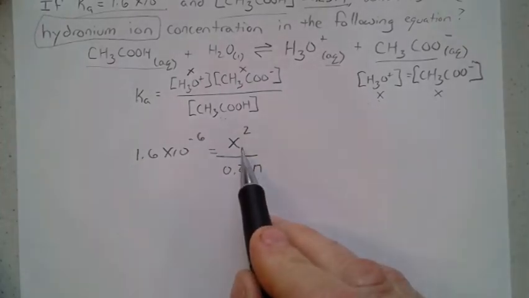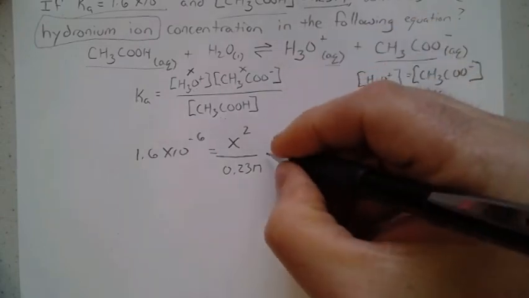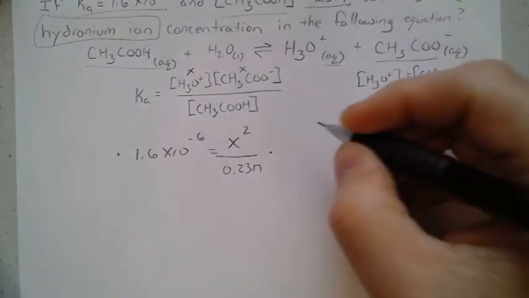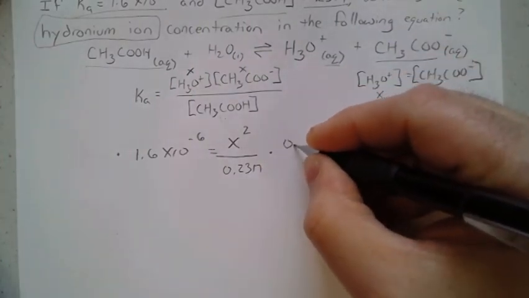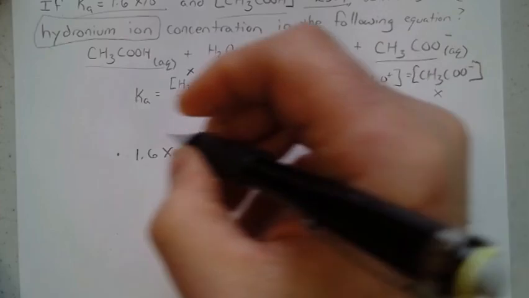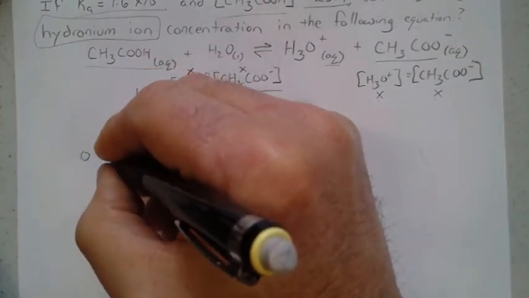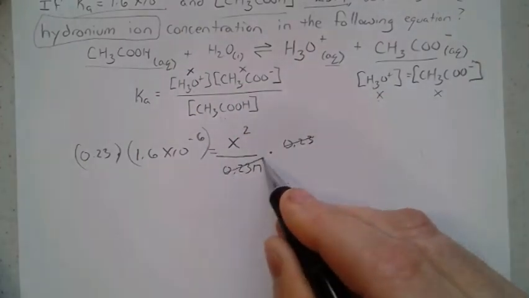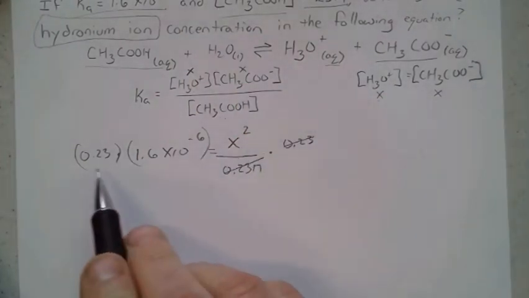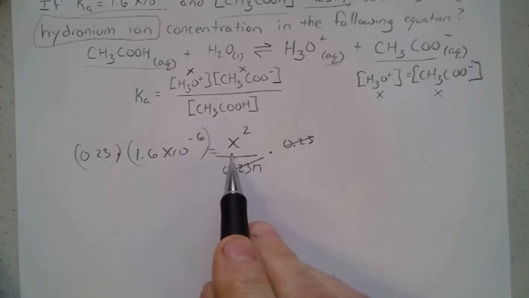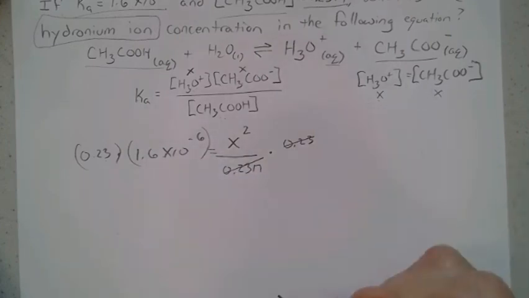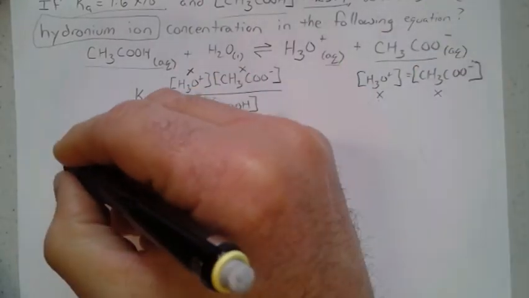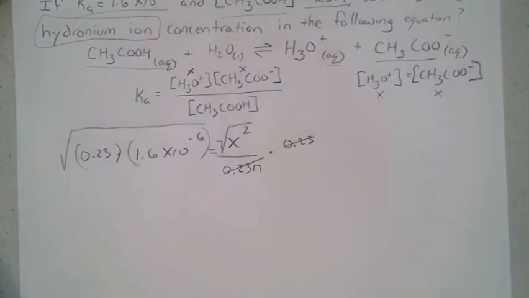Now I want to solve for this, so I have to get rid of the 0.23 by multiplying both sides by 0.23. Those cancel out on the right, and the left side gives me x squared. I want to find just x, so I'm going to multiply those two together and then square root both sides.